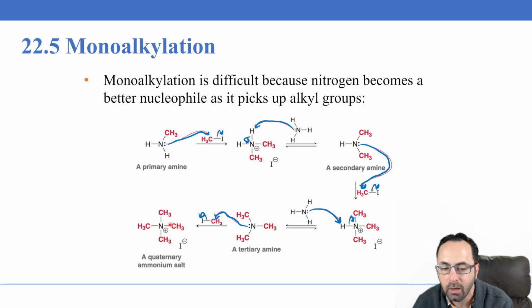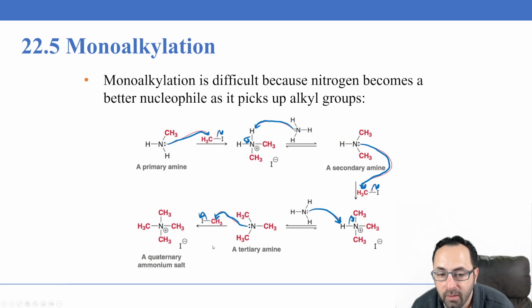It's called quaternary because this nitrogen is attached to 4 other carbons, and it has 4 bonds and no lone pairs, so it has a positive charge. It's a positively charged ion, and so we have now tetramethyl ammonium iodide, basically 4 methyl groups on an ammonium ion, now positive, and the negative ion is iodide.